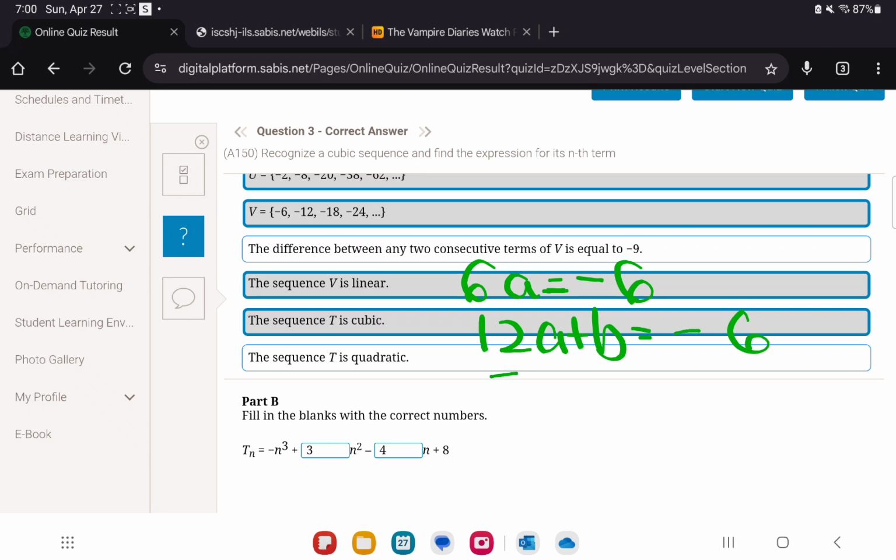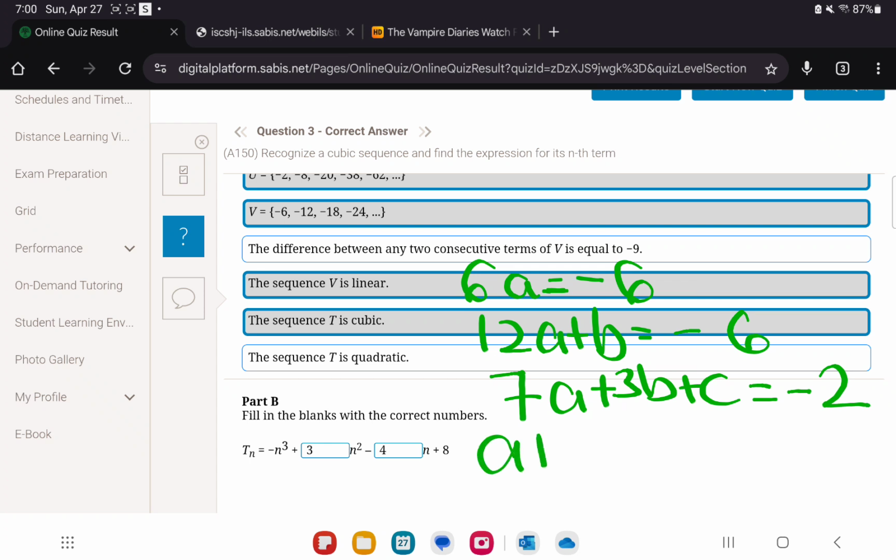And then to find c, it's 3a plus 3b plus c, and it's equal to the first term of the first difference, which is minus 2. And then the last thing, to find d, is a plus b plus c plus d, which is equal to the first number we have. So it's equal to 6.